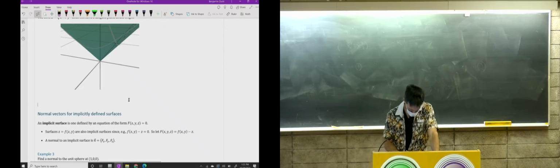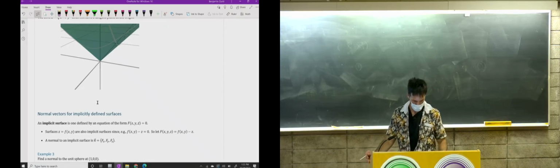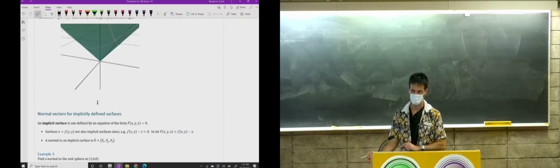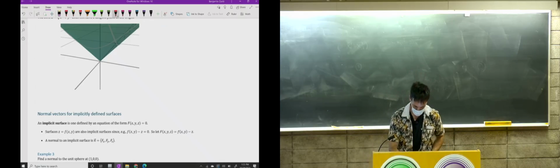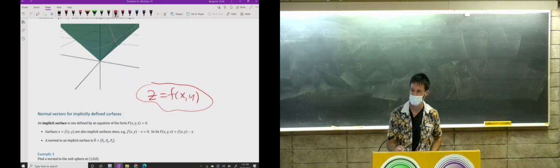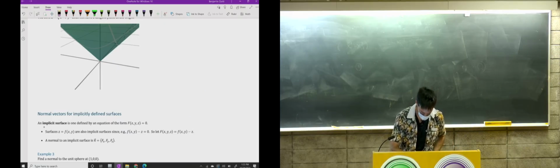Let me make a quick note of the case of implicitly defined surfaces. Because not all surfaces are graphs. You know what a graph is? A graph is the set of points where z is f of x and y. Not all surfaces are necessarily expressible in this form. So more generally, you have implicit surfaces.